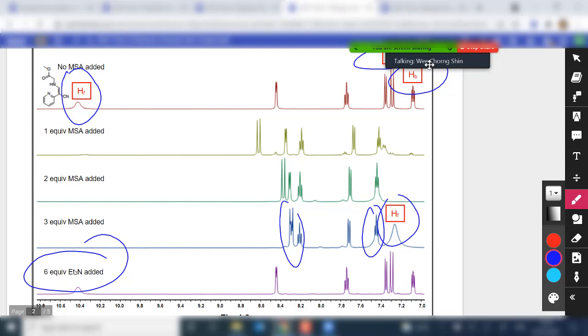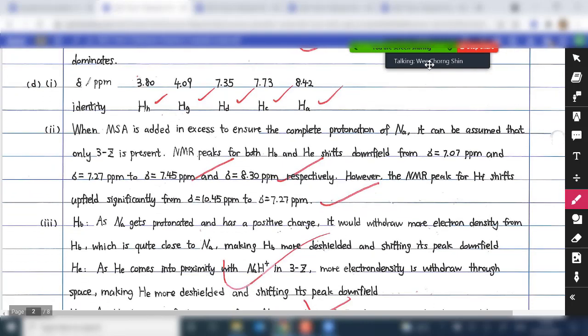So what are the kind of answers that are needed? You don't really need to interpret a lot, but just to tell us how it's being shifted. For example, an answer like this will take all the boxes. Like, both HB and HE shifted from blah blah to blah blah respectively. So that's fine, it's written well.